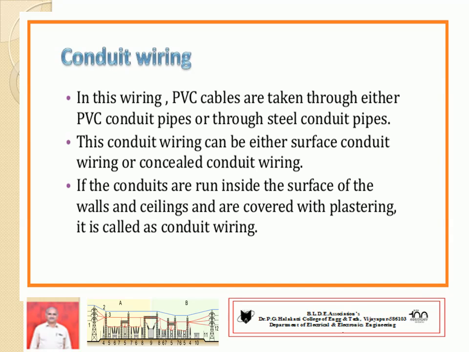Open conduit or surface conduit means the pipe structures are placed on the surface of walls and ceilings at a certain height where the points are required. These pipes are run with mechanical fixing arrangements on the walls. Again, this is also an old type of wiring.